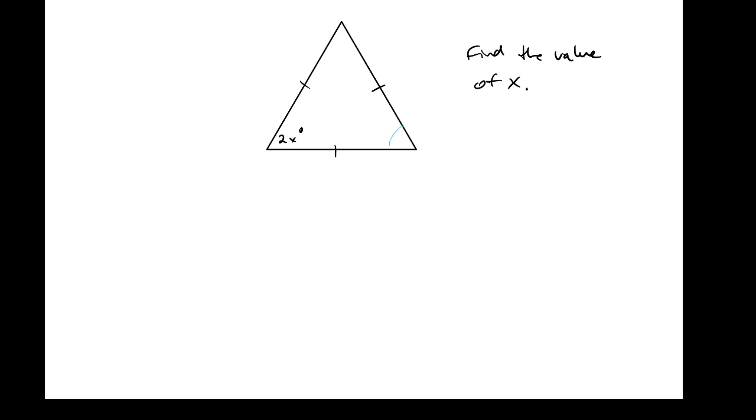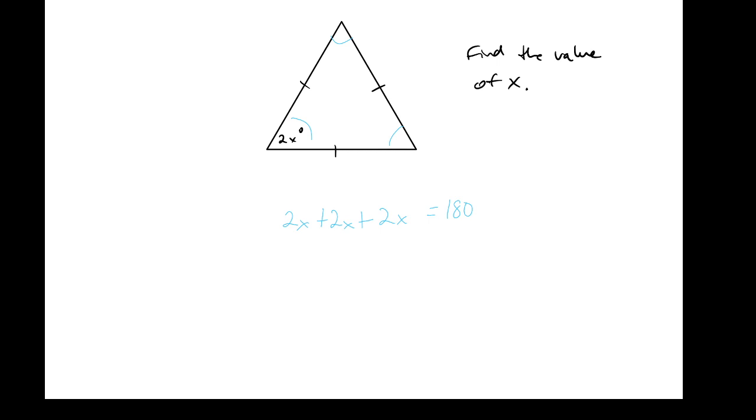In other words, this angle is congruent to this angle, which is congruent to this angle. The sum of all of those is going to be 180 degrees. If this angle is 2x, then this one also has to be 2x, and this one also has to be 2x. So the sum of those three, 2x plus 2x plus 2x, is going to be 180.